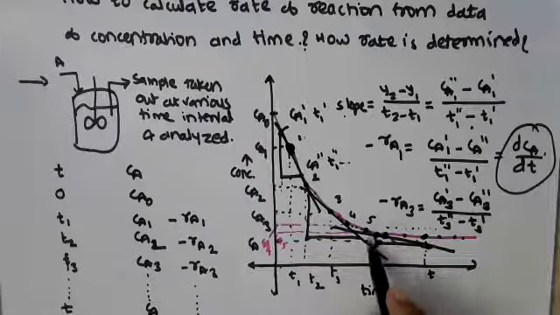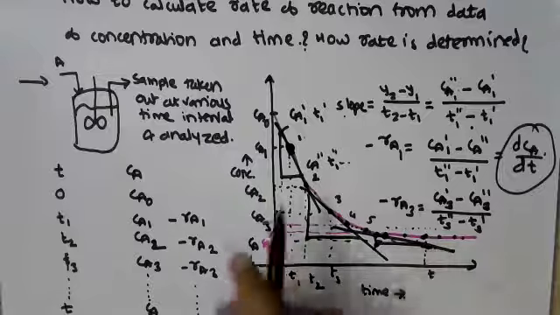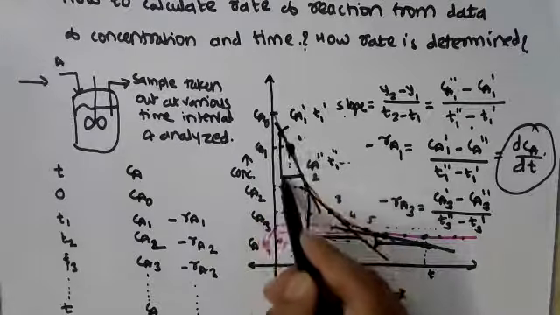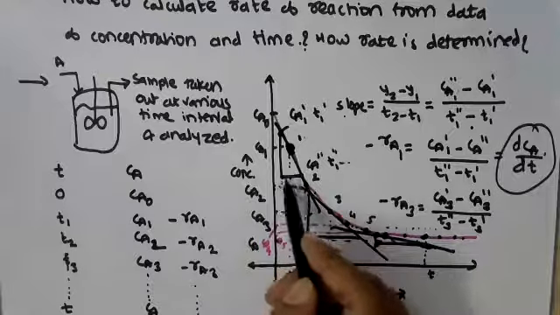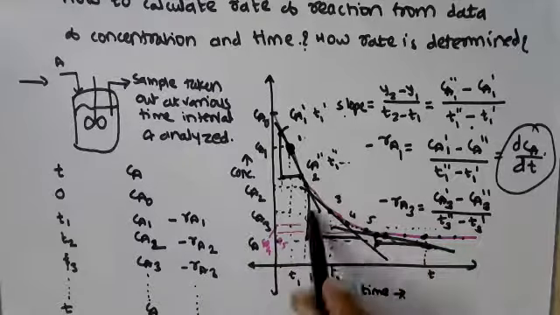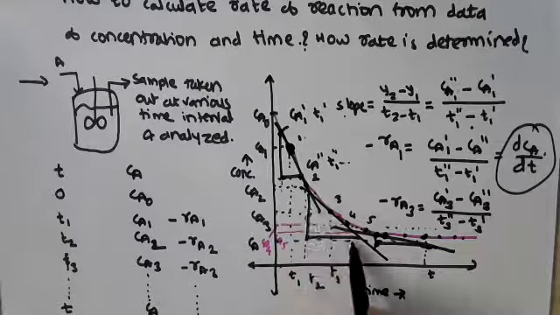So you can see now the change in concentration is much less compared to the time, whereas initially the change in concentration was very large, but the time was less.